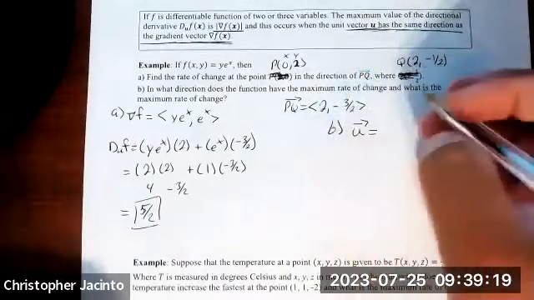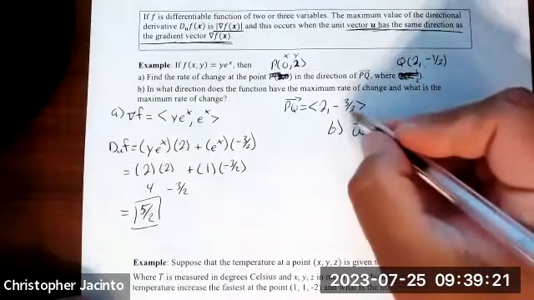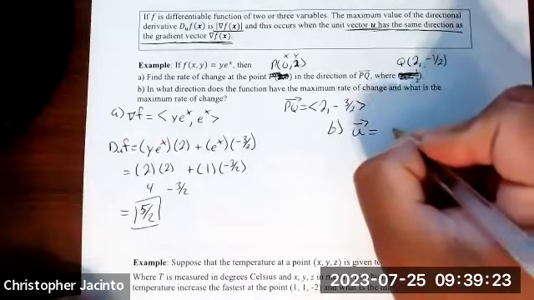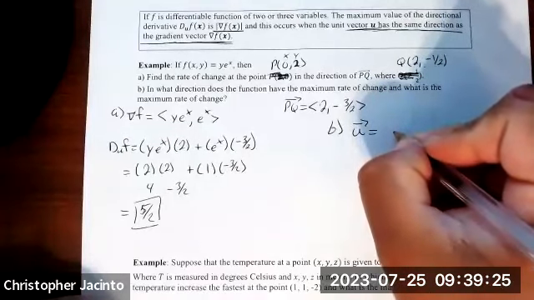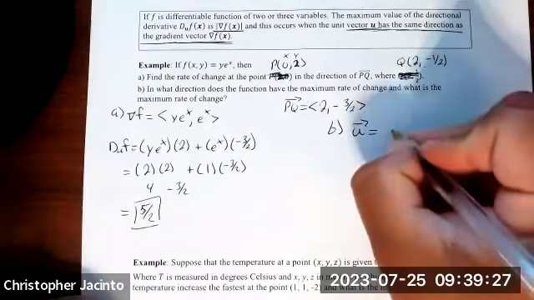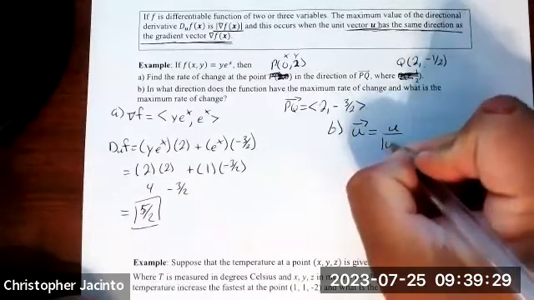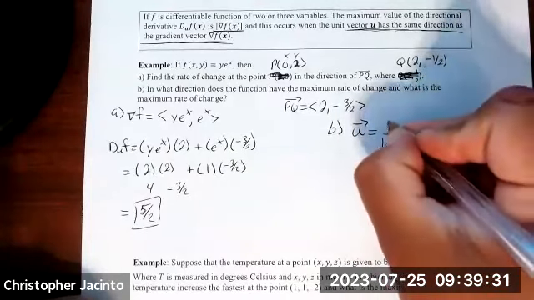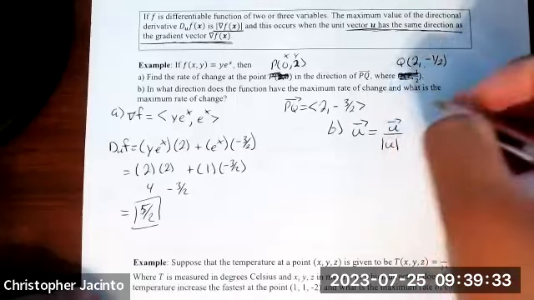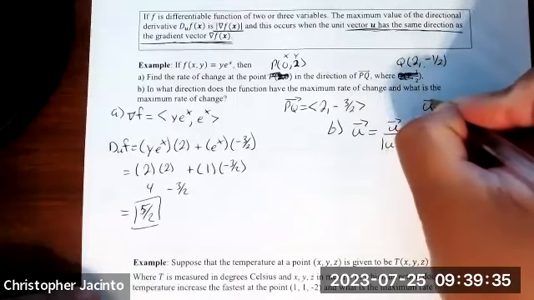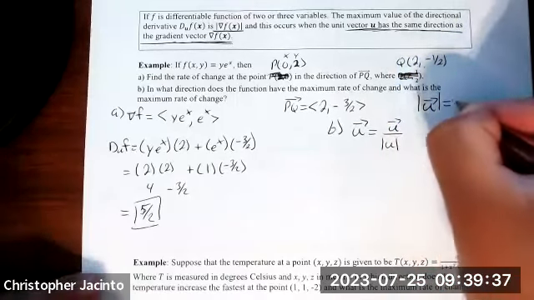The unit vector, if you guys remember, is a couple of things, right? First we've got to find the magnitude of it.